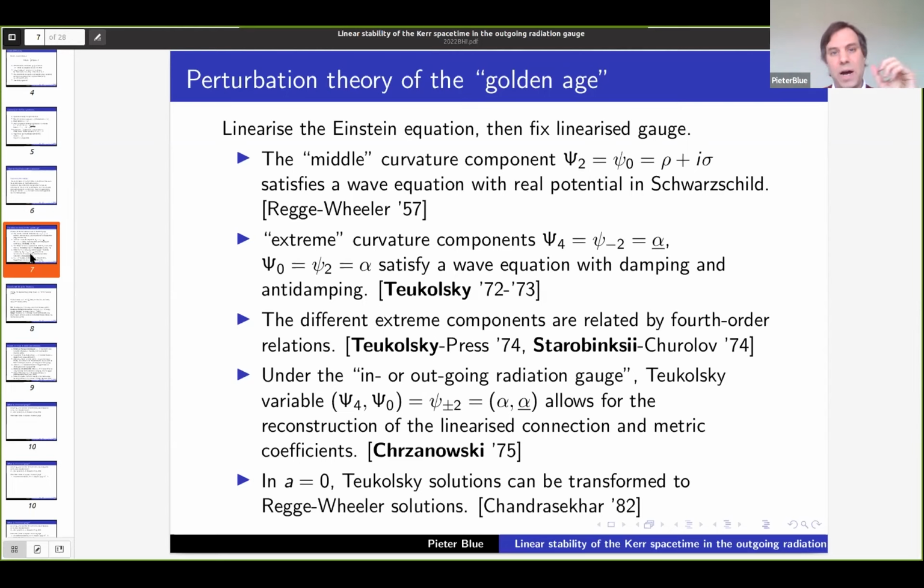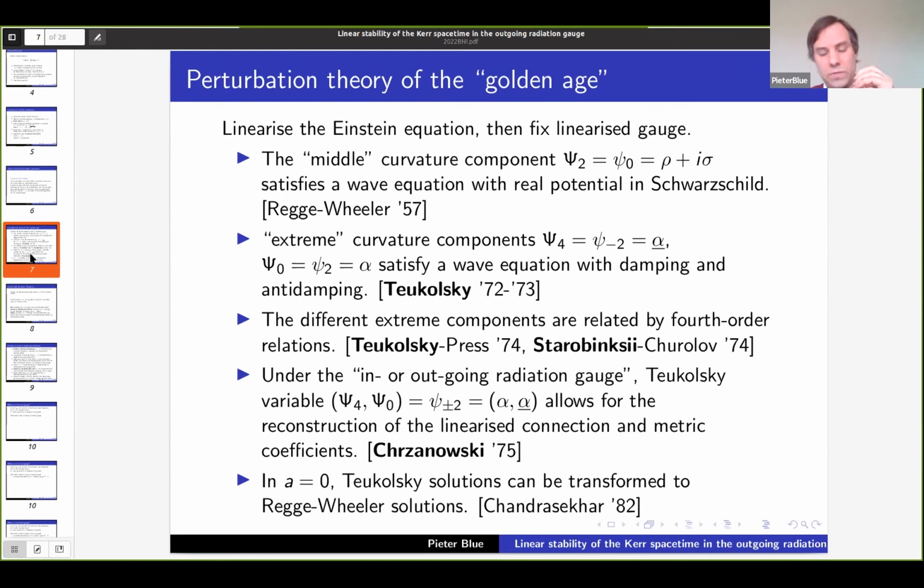These can be combined into 5 pairs of, let's say, complex components, and these have a natural ordering on them, which have spin weights from -2 up to 2, and there's a middle component which satisfies a wave-like equation with a real potential when you perturb around Schwarzschild, and that gives the famous Regge-Wheeler equation. So that was one of the first major results on stability of black holes.